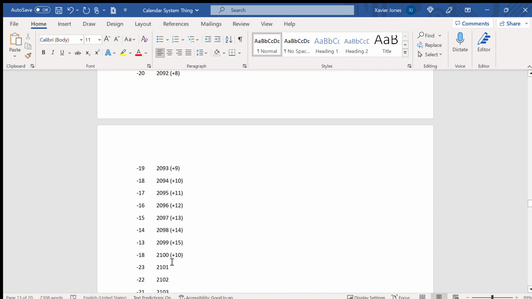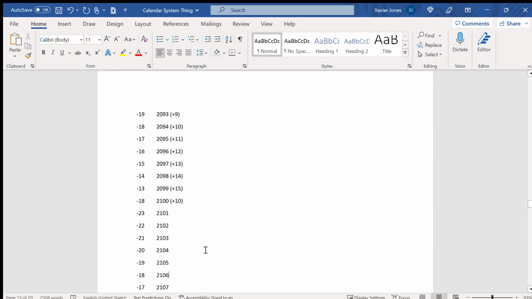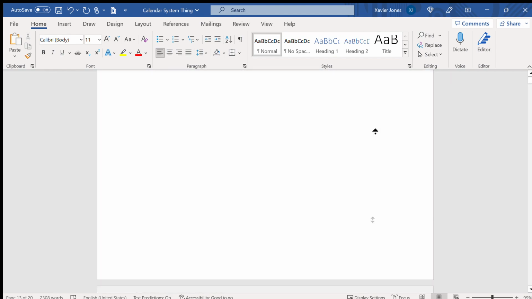So it does depend on the century group for certain things. For 2072, you would have to wait 40 years. Okay, that's what I wanted to know.